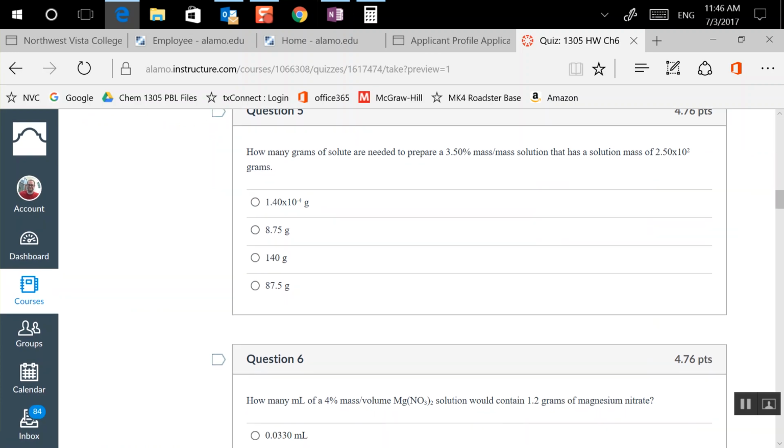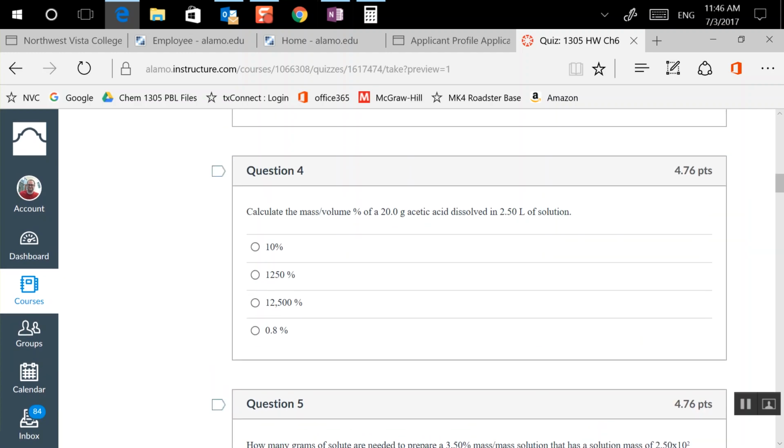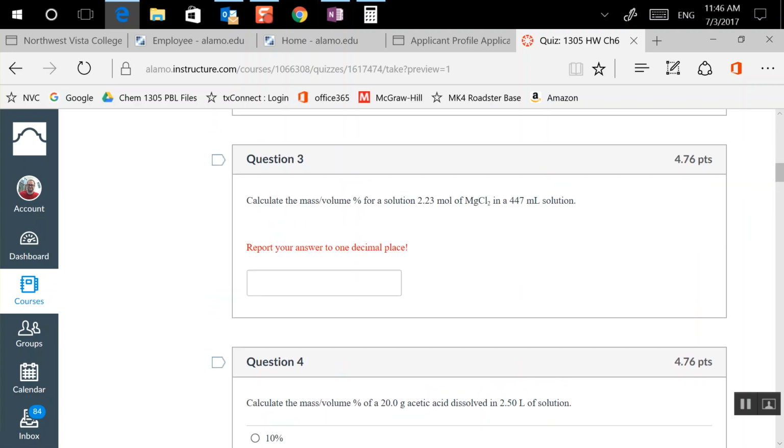Is that the one? Can you scroll up a little bit? I think it might have been number 3. Calculate the mass per volume percent for a solution of 2.23 moles of magnesium chloride in a 447 milliliter solution. Got to convert that to grams.